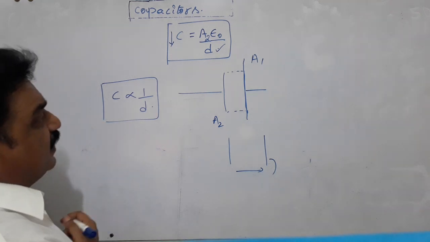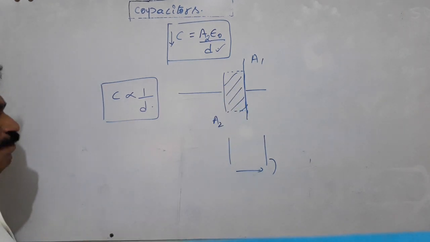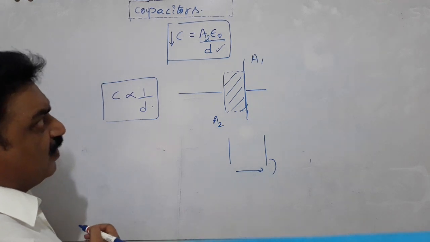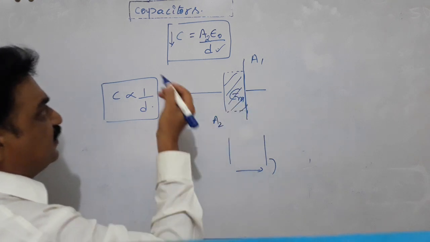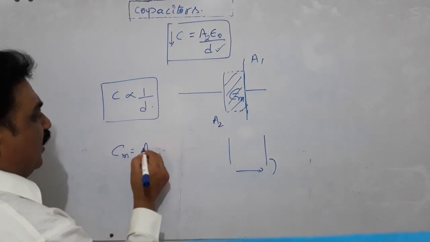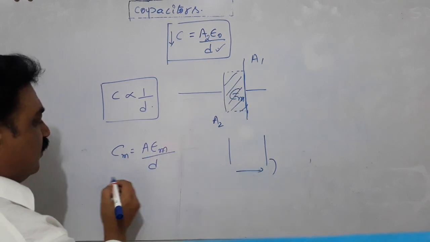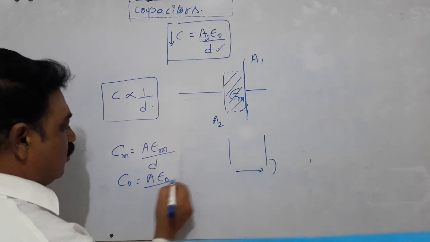And simultaneously, if you fill the entire gap between the plates with a dielectric medium of permittivity epsilon m, then what is the capacity? Cm is equal to A epsilon m by d. If there is no medium, then C naught is equal to A epsilon naught by d.